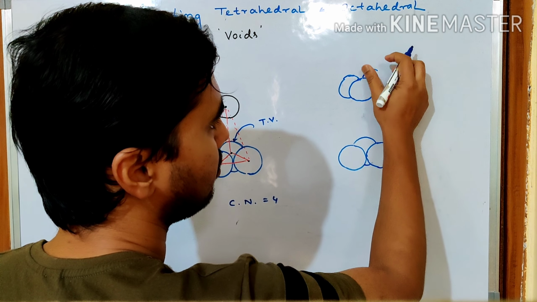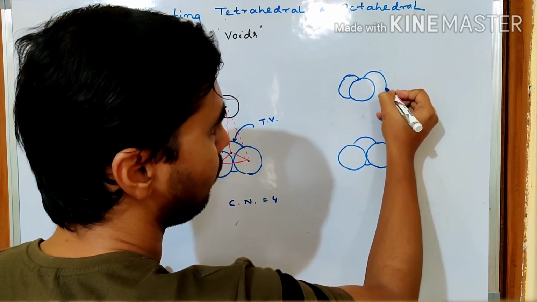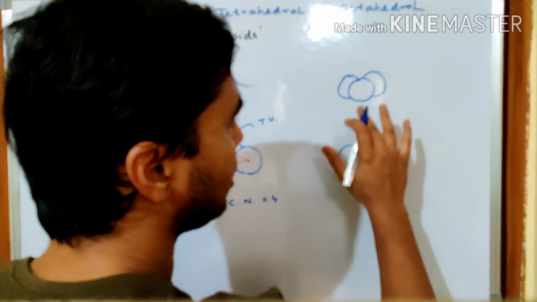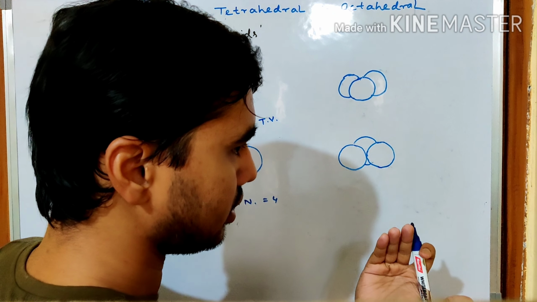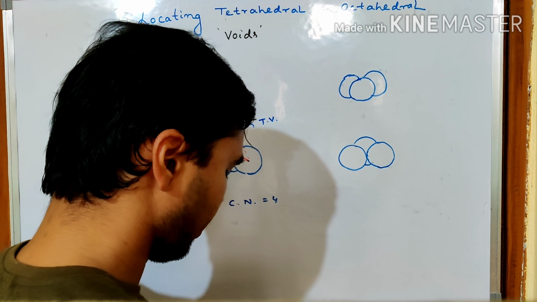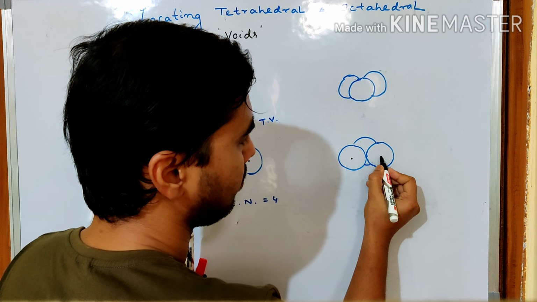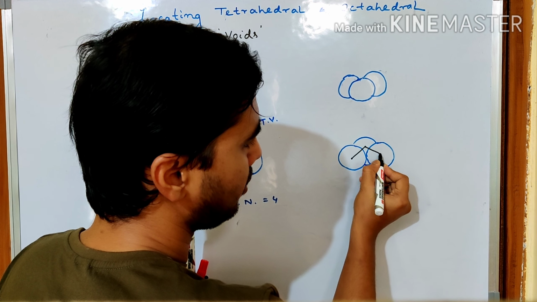And another will be here. I hope you have understood the difference between the two. Here, the 2 atoms are towards us and one is behind. So if I join the centers, it will form a triangle.